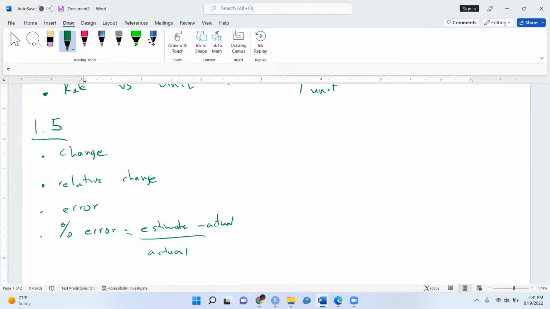And then finally, today in 1.6, we added in the concepts of scientific notation. And you need to know the words scientific notation. How does that relate to decimal notation, and how do you go in between the two?